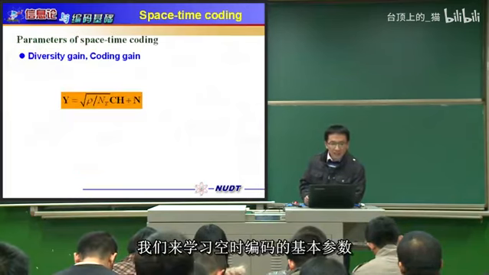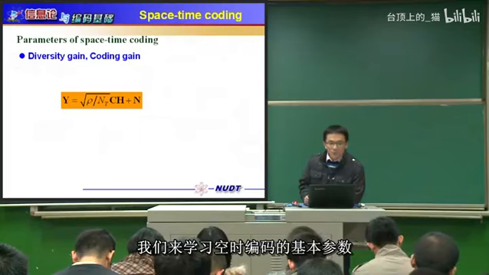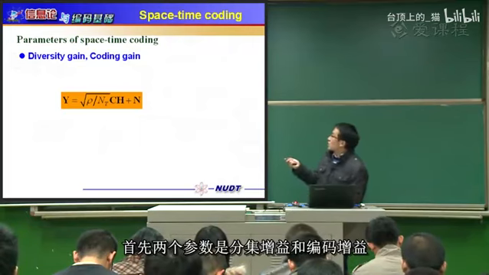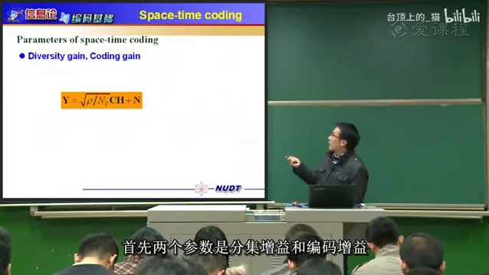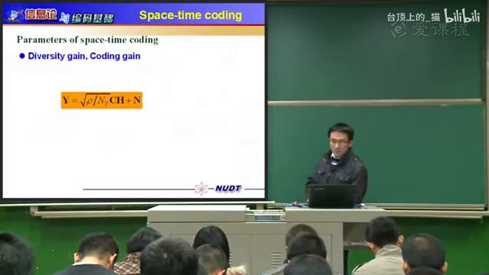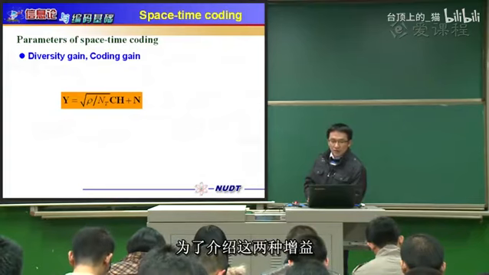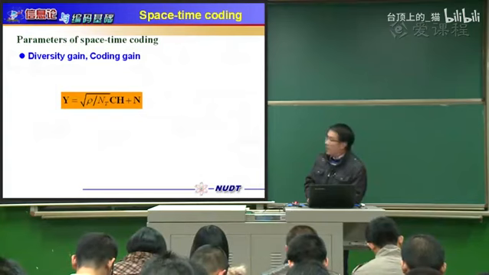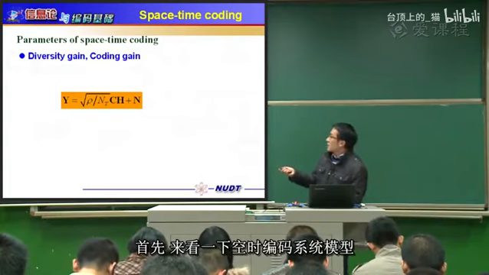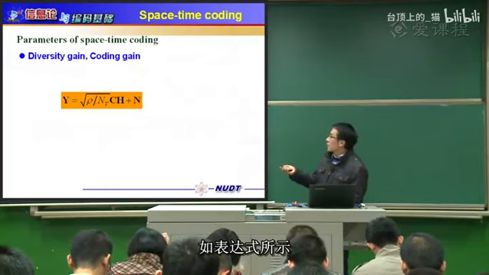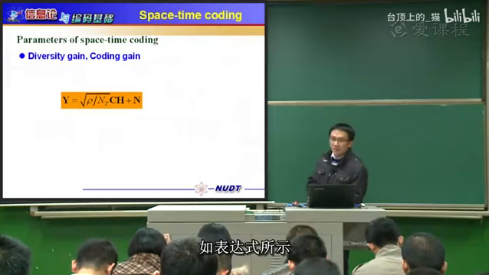Let us see the parameters of space-time coding. The first 2 parameters are the diversity gain and the coding gain. In order to introduce the 2 gains, first, let us see the system model of space-time coding, which is this expression.